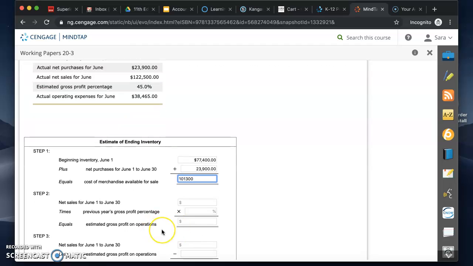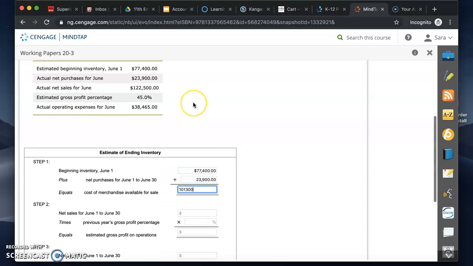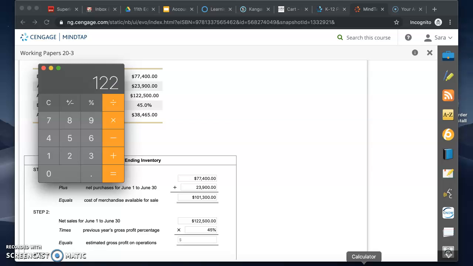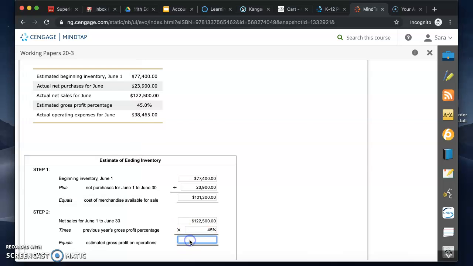Then step 2, we are taking our net sales. Right here they give us that. 122,500 times our previous gross profit, so 45%. So 55,125.